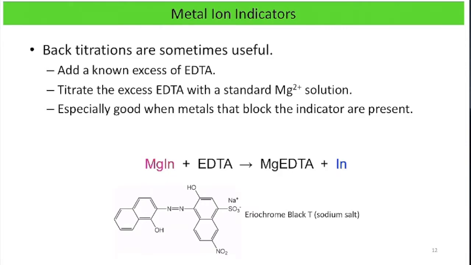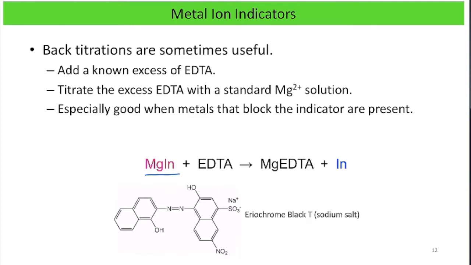Now for metal ion indicators, they work a little bit differently. Metal ion indicators will create a complex with the metal itself initially. So we have, in this case, magnesium ion and the indicator. That particular complex creates a pinkish color, kind of a wine red color.